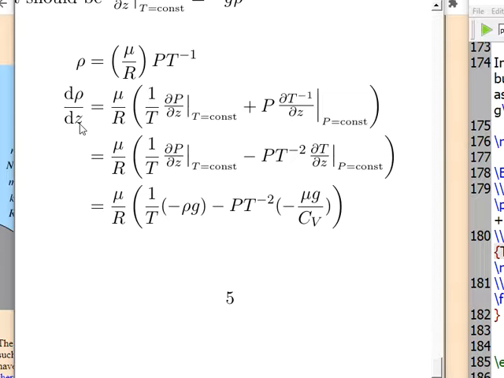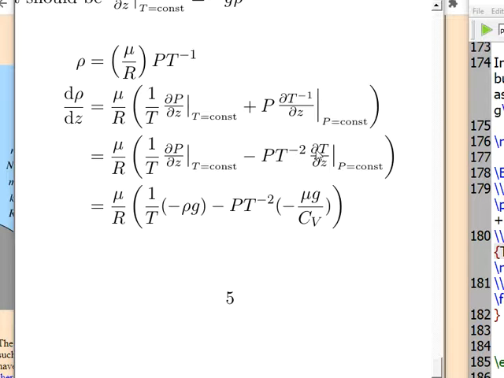And then del rho, the total derivative of rho with respect to z, is going to consist of the addition of these two partial derivatives, which is the T to the negative 2 comes out.